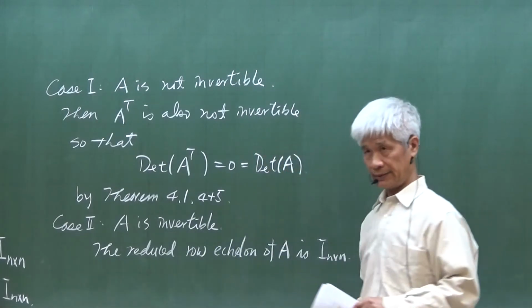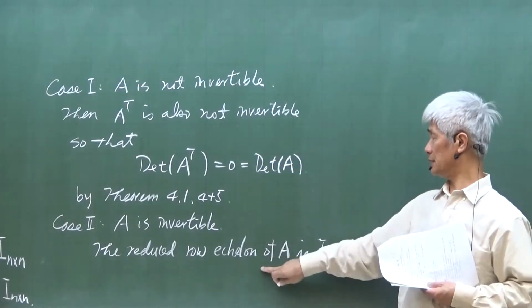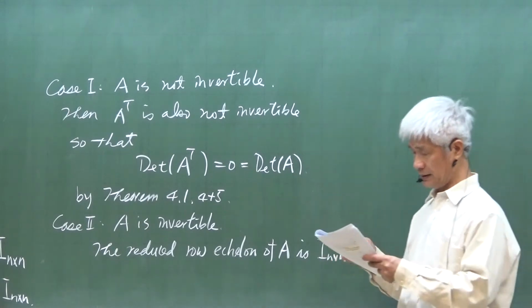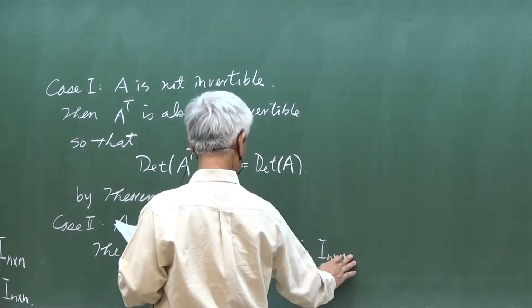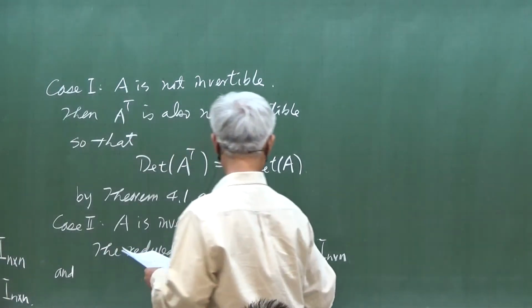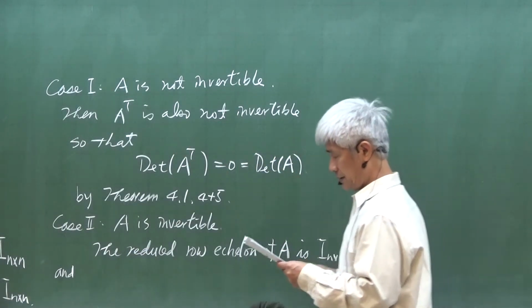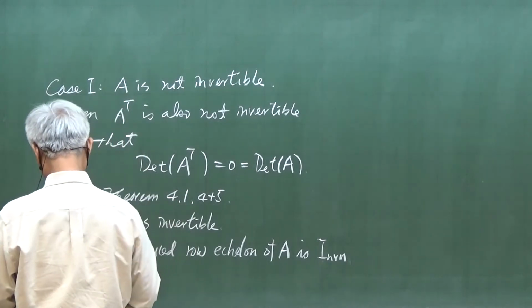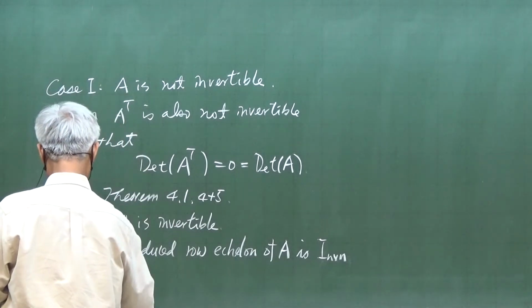Right, we all know that because A is invertible. So the reduced row echelon form of A is identity. And how do we reach this reduced row echelon form?